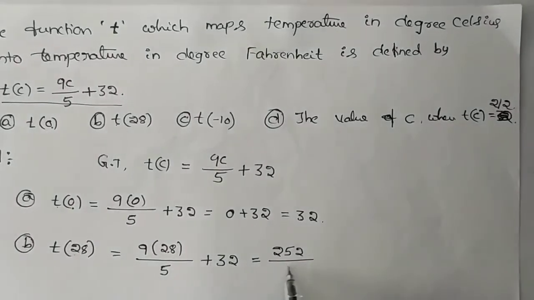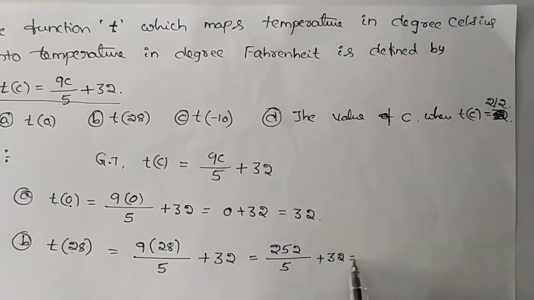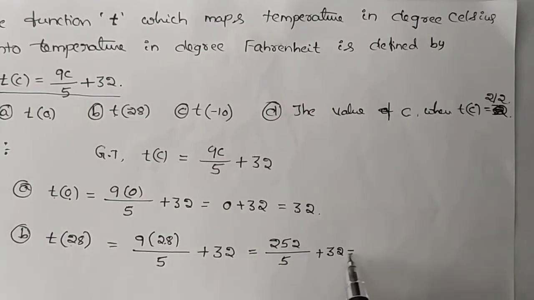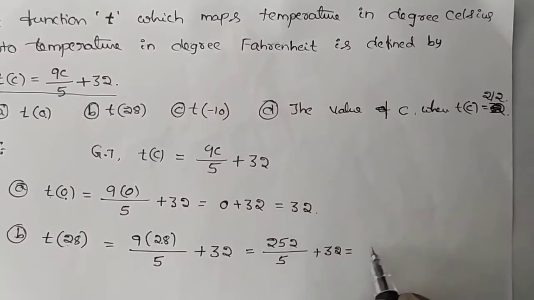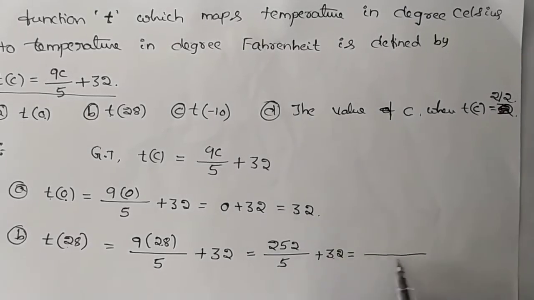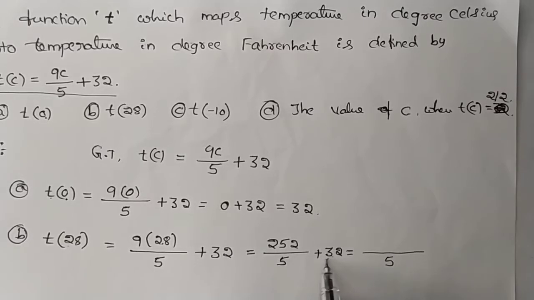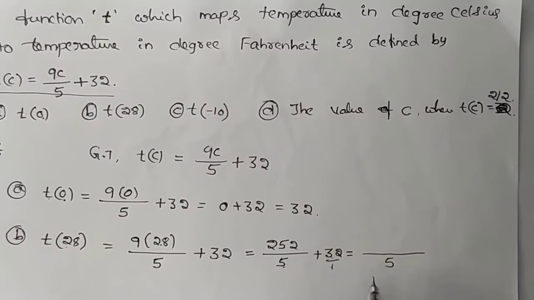252 divided by 5 plus 32 equals, in the bridge course itself, I already told you about finding the LCM of these two numbers. Here the LCM is 5 only. Here we don't have any value in the denominator, so we take 1 divided by 1. 5 into 1 is 5.